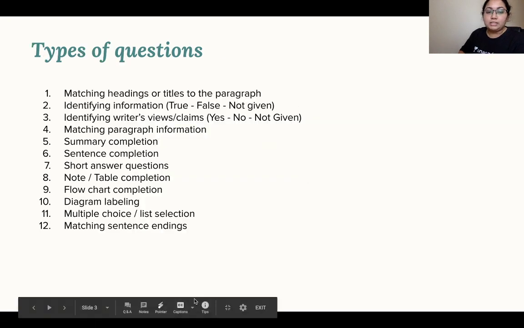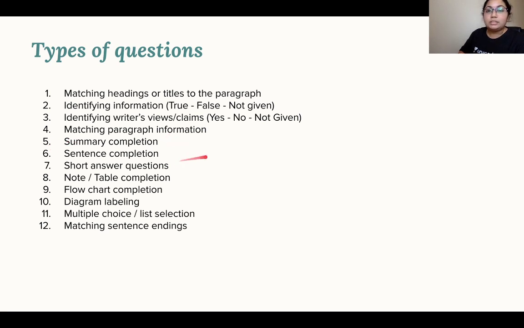Then matching paragraph information, summary completion, sentence completion, short answer questions, note or table completion, flowchart completion, diagram labeling, multiple choice or list selection, and matching sentence endings.